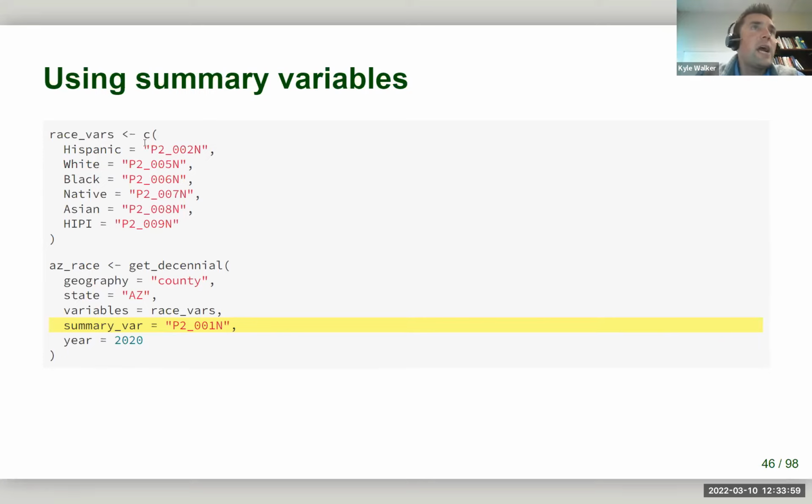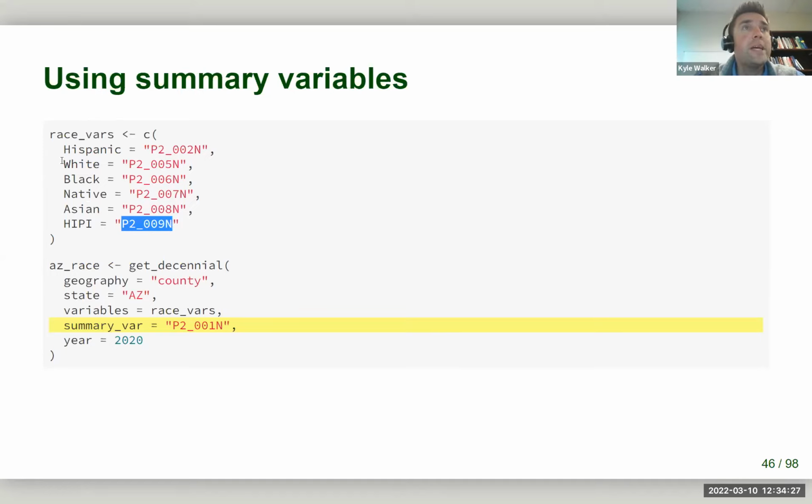We're basically saying, I want to get data on race and ethnicity for Hispanic population, we'll call it Hispanic. For non-Hispanic white population, which we'll call white. Non-Hispanic Black, which we'll call black. Non-Hispanic Native American or Alaska Native, which we'll call native. Non-Hispanic Asian, which we'll call Asian, and then non-Hispanic Hawaiian or Pacific Islander, which we'll call HIPI.